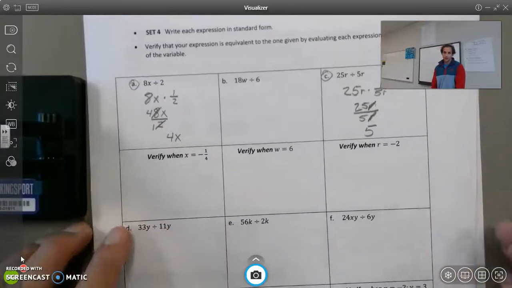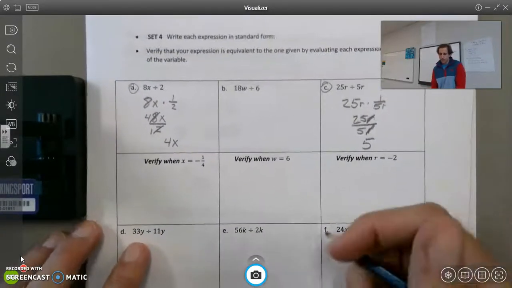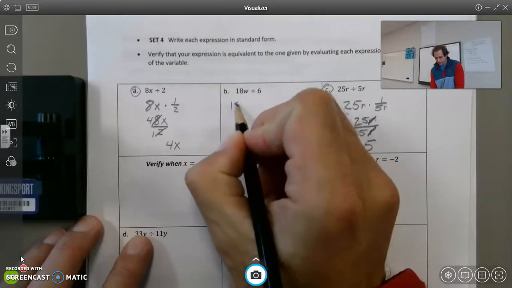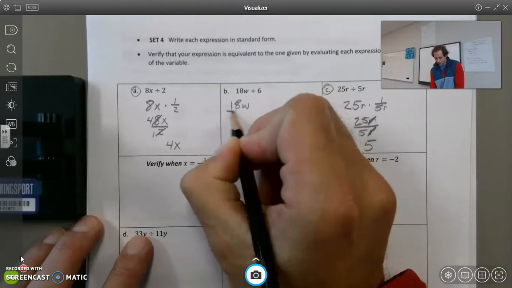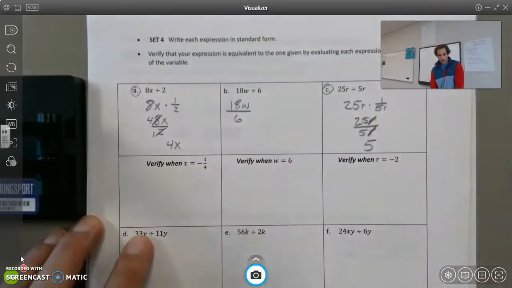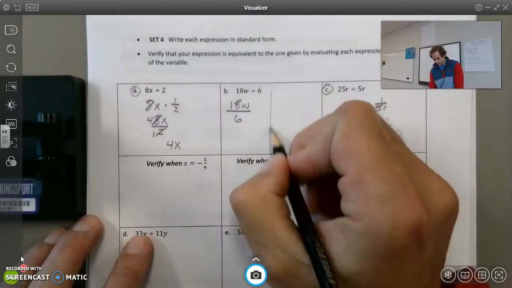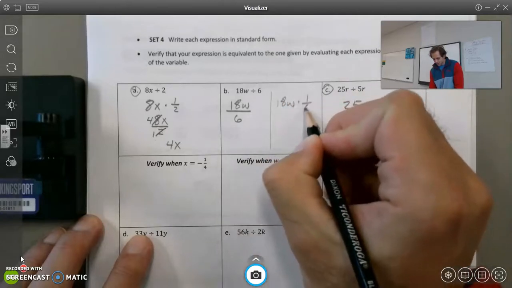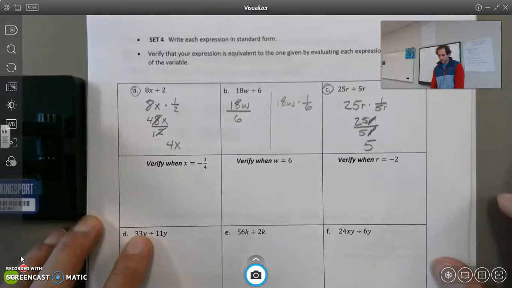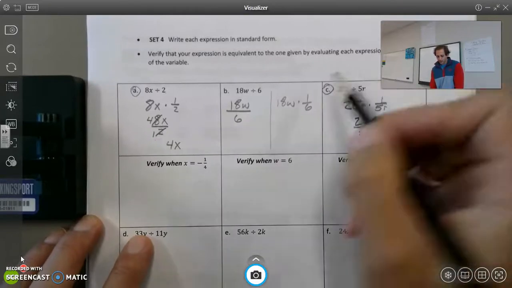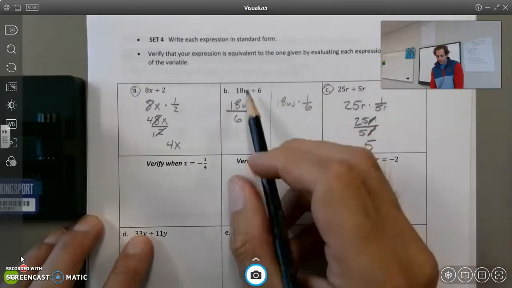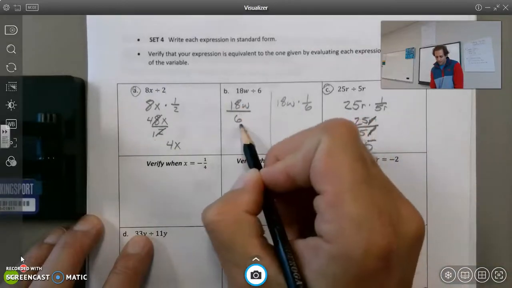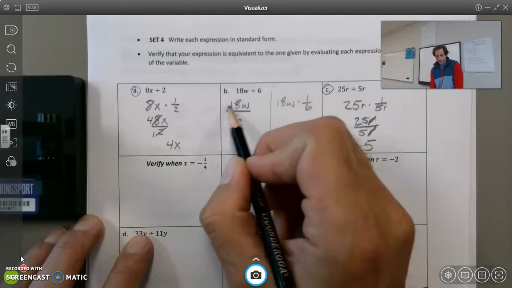18W divided by 6. I want to show you a couple ways to think about this. I can look at it as 18W divided by 6. Or I can look at it as 18W times 1 over 6. Either way, what I see here is that I'm dividing by 6. 18 would be 3 times 6, right?